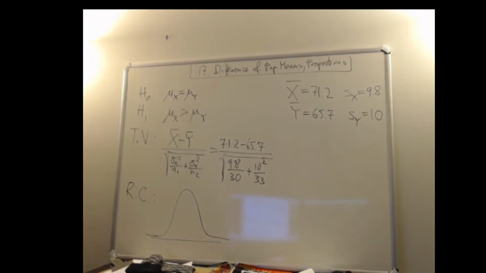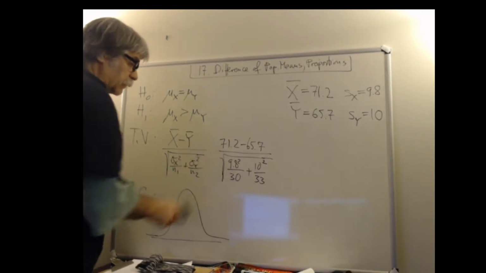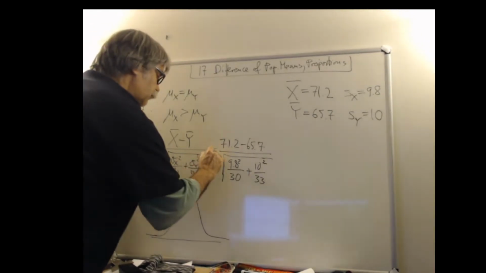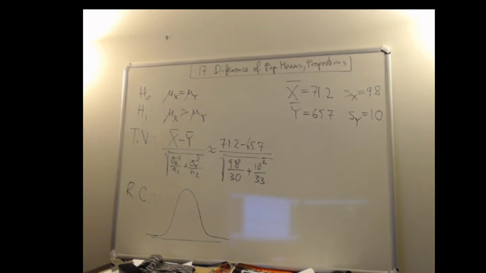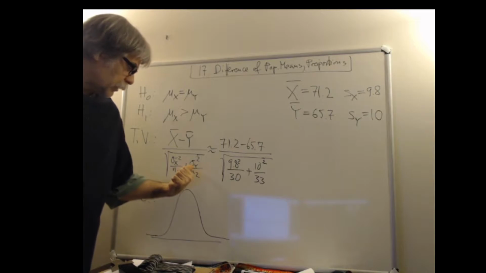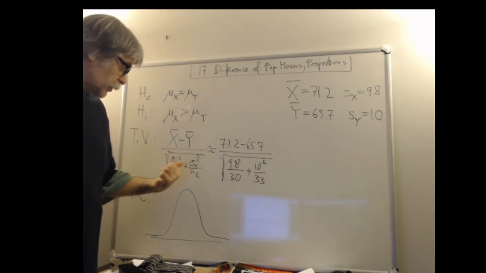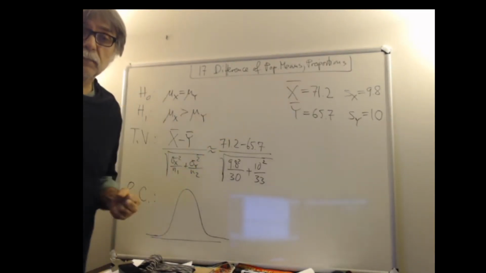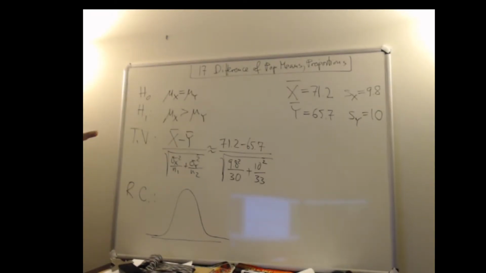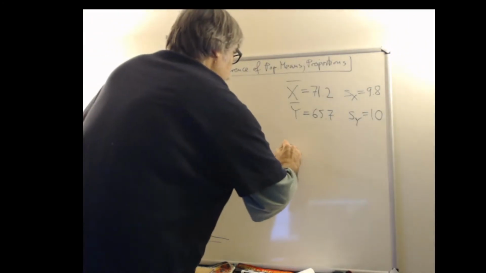Okay? So you must be aware that this is an approximation. I replace the population standard deviation with the sample standard deviation. I'm allowed to do that if I have a large sample. This ought to be calculated, but I have 2.203. I'm going to leave that to you to verify.